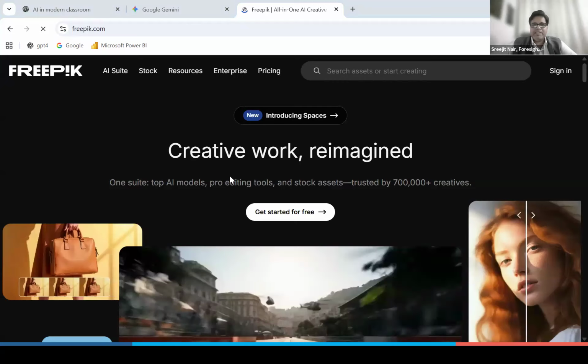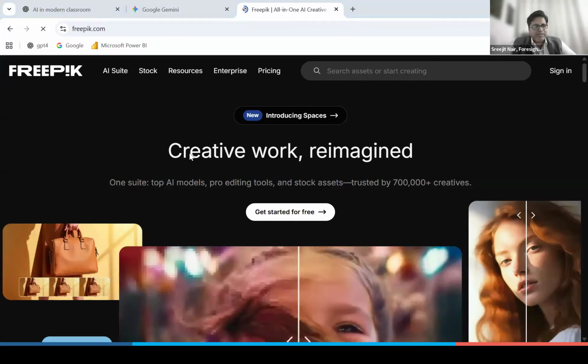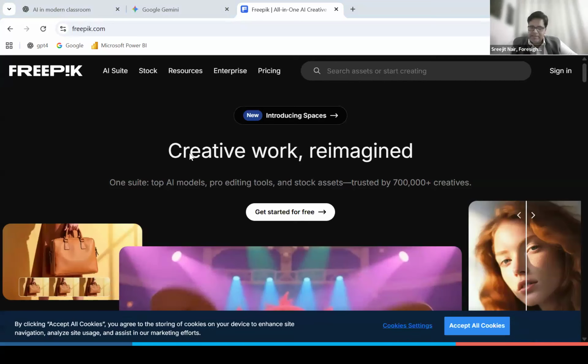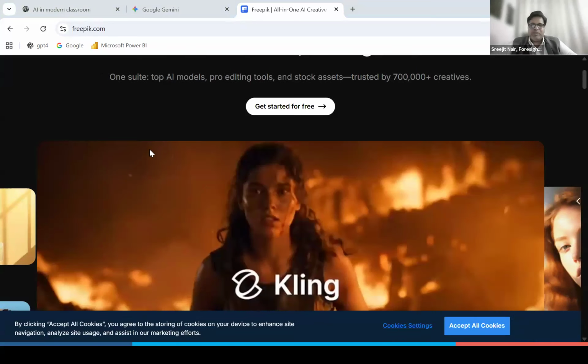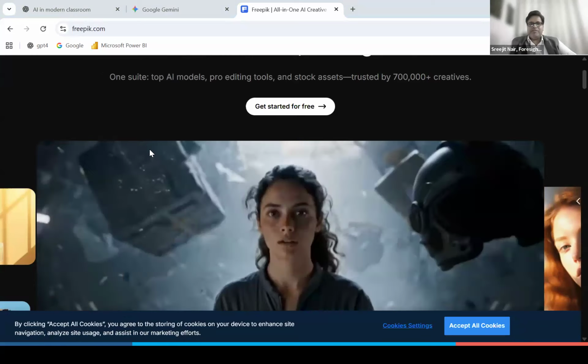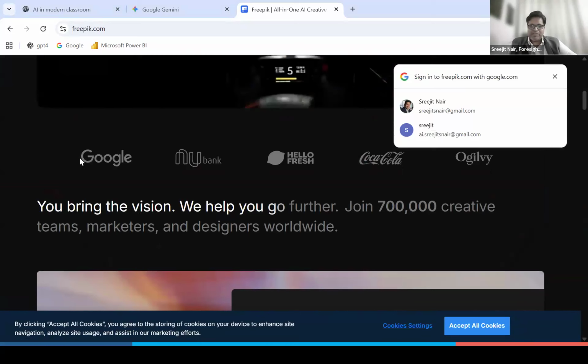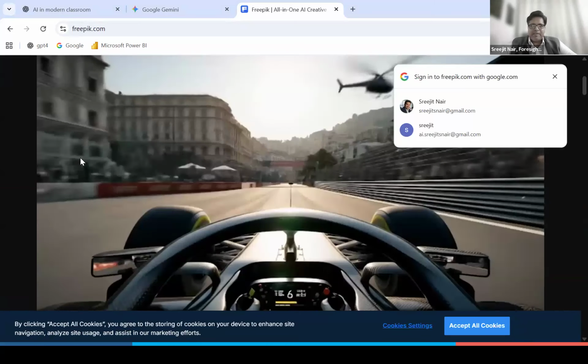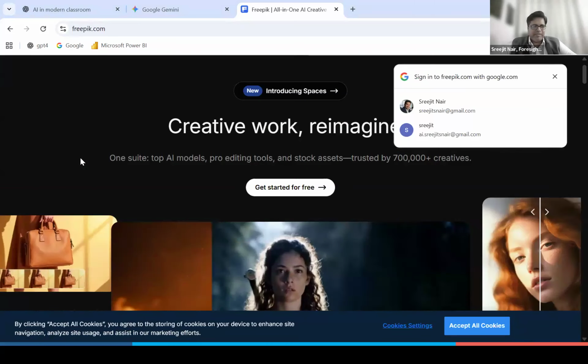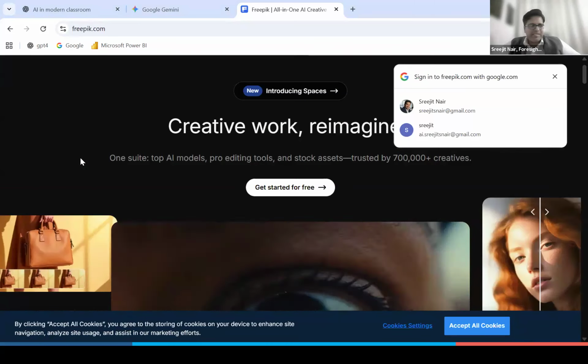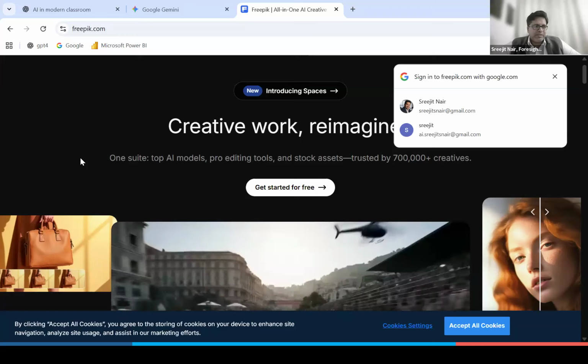Why it is very good is that you can use very different kinds of models and generate images. So you can use Gemini itself. You can use certain Midjourney algorithms as well. Everything is available and very reasonably priced as well. So that is something that you can use.